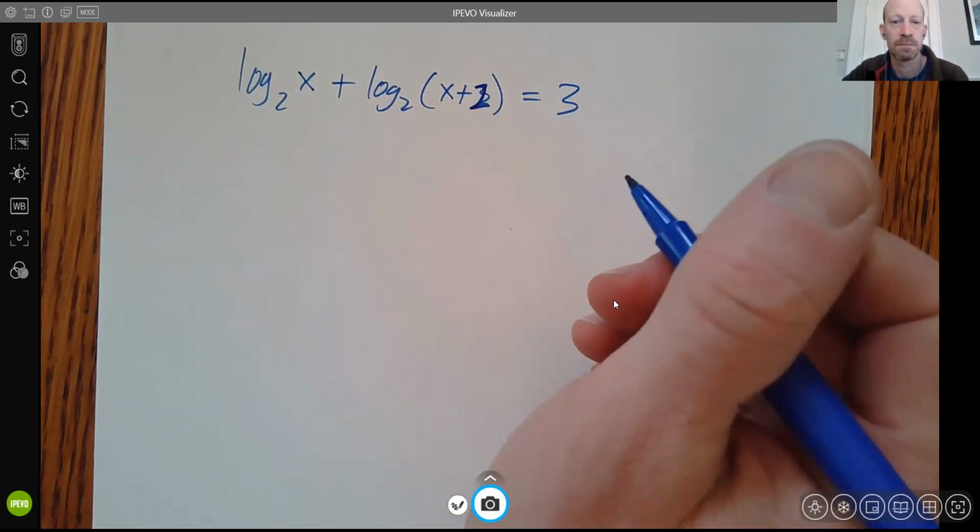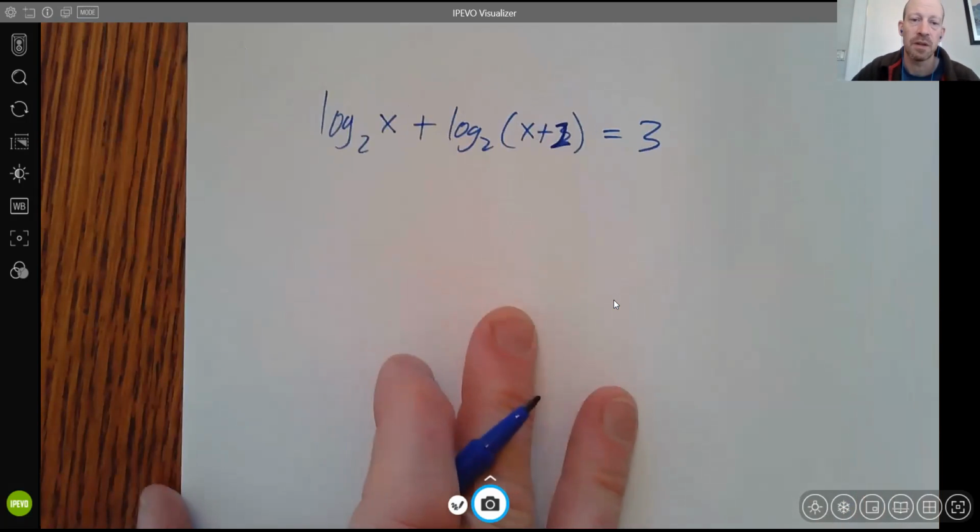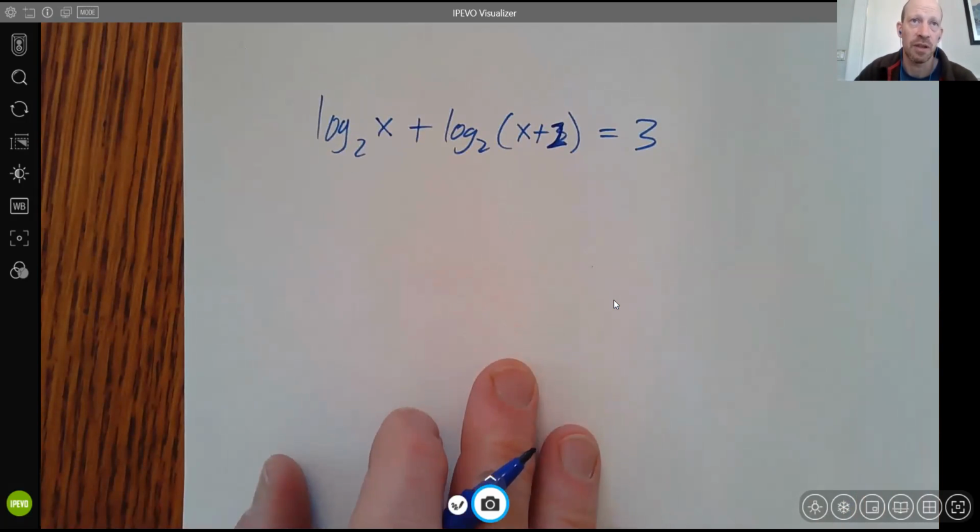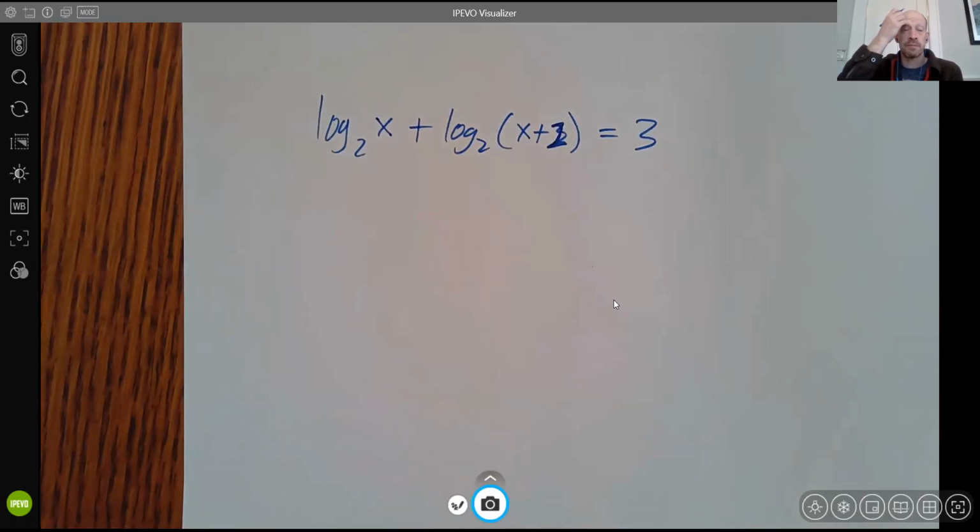That works. So this is very similar to number 11. It's not like the last one because there aren't just one log equal to another log. That was nice, the last one. But here I've got 2 logs, and I also have this number 3. So here I need a little bit of a different strategy.